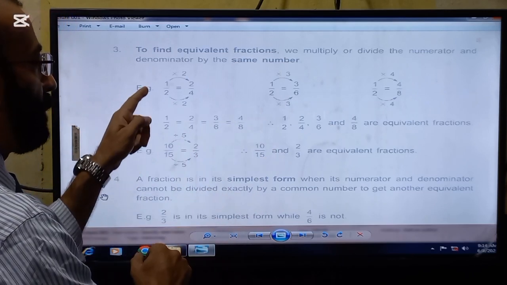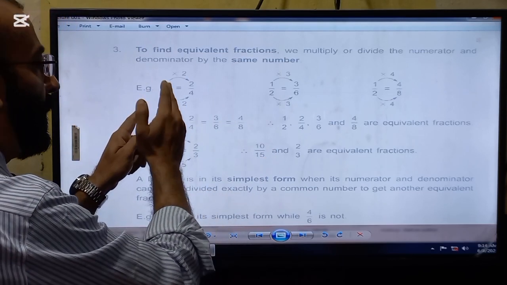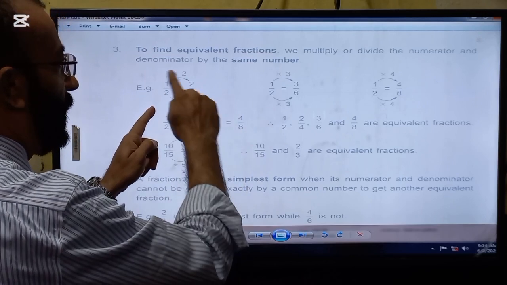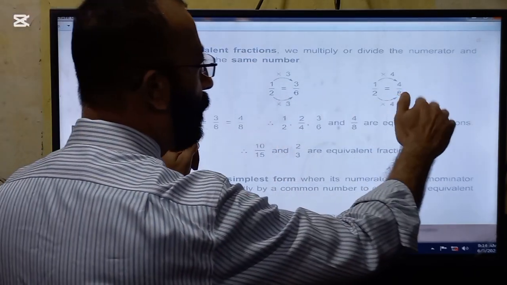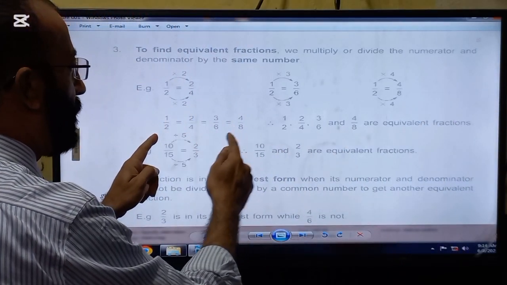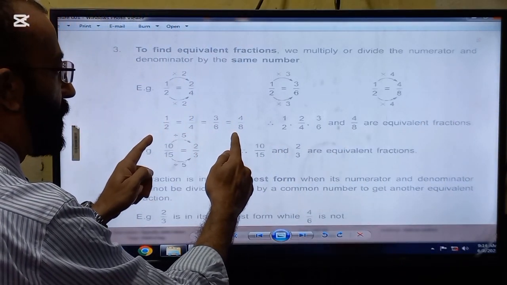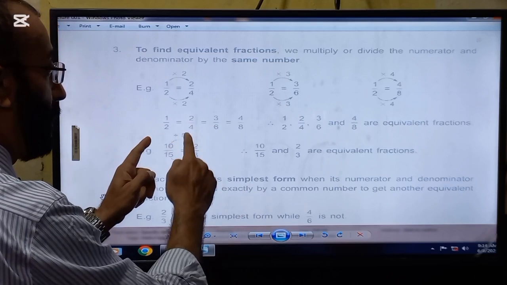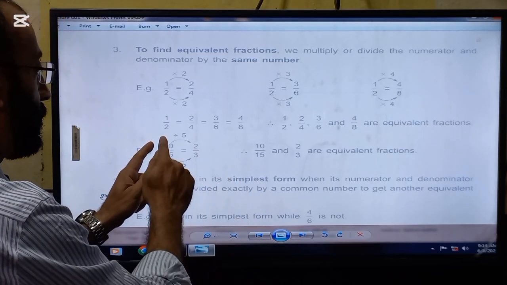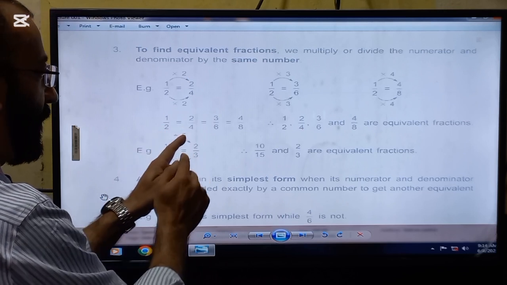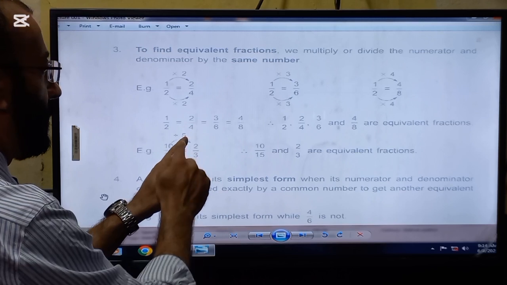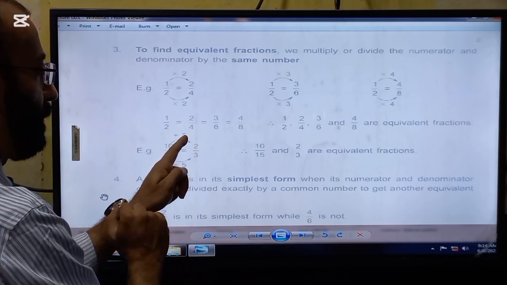So it means if the numerator and denominator of a fraction are multiplied by the same number, it may be 2, 3, 4, 5, or 6, these will all be equivalent fractions because they have the same value, although the numerator and denominator have different values. Look, 1 by 2: if we cancel this fraction in the table of 2, 2 ones are 2, 2 twos are 4, it will also have a value of 1 by 2.